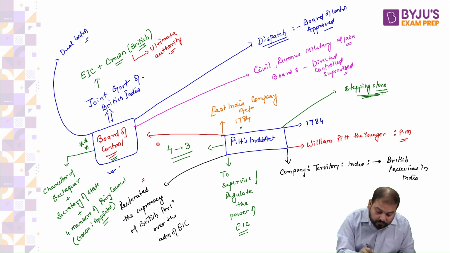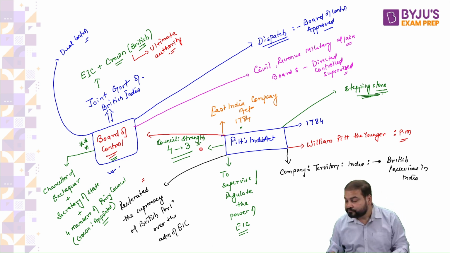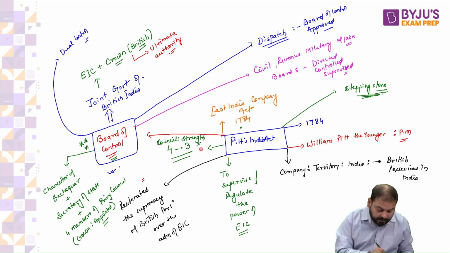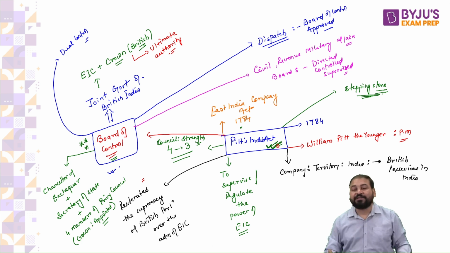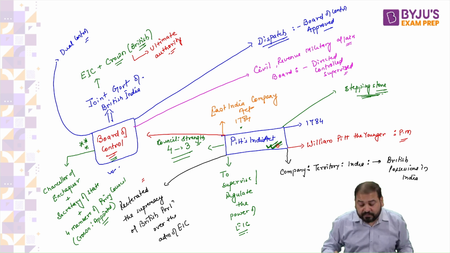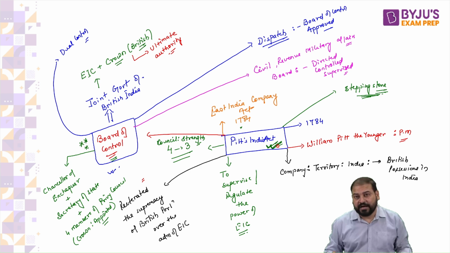So the council strength was reduced from 4 to 3 at this point of time. Everyone, again I'm telling you, this is perhaps the most important law brought by the Britishers till they brought the GOI Act 1858. We are done with Pitt's India Act.